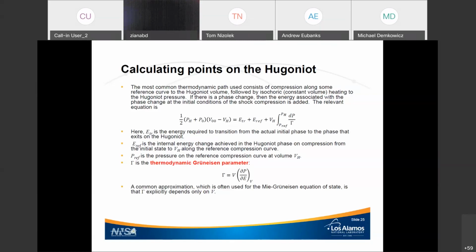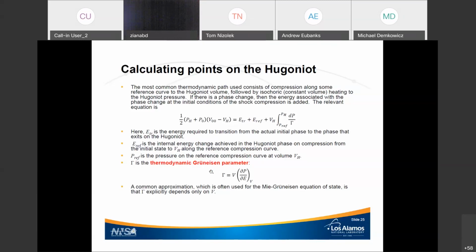In metals, it has an extra contribution due to the energetics of the electrons. And so I will define this with the thermodynamic definition, which is the partial derivative of pressure with respect to internal energy at constant volume times volume. So it is a dimensionless parameter. Doesn't matter what system of units you're using.